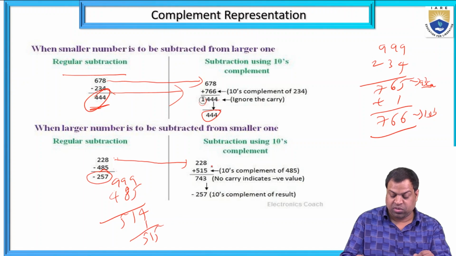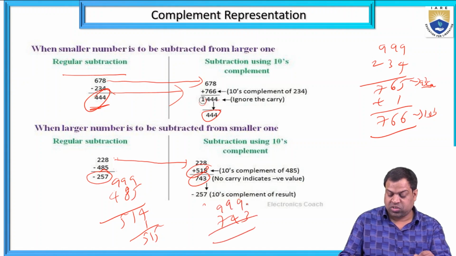What is the value? 515. So 228 plus 515 is 743. Again we take the tens complement of this value, 743: 9 minus 3 is 6, 9 minus 4 is 5, 9 minus 7 is 2, so 256 plus 1 is 257, the negative representation.